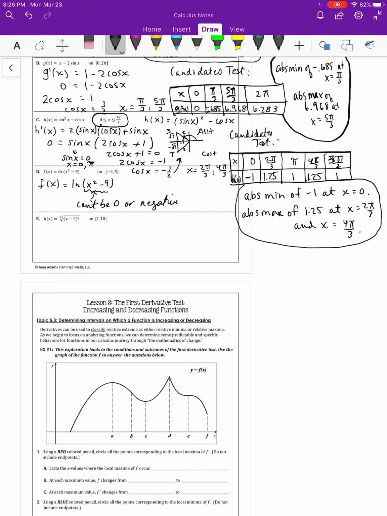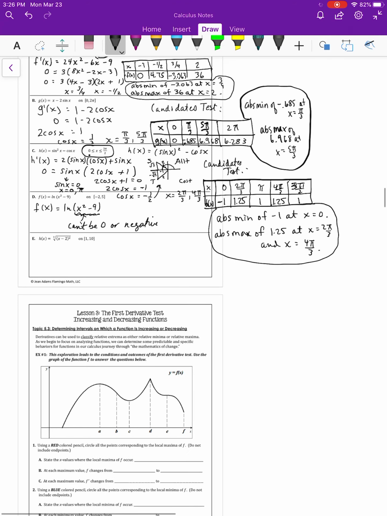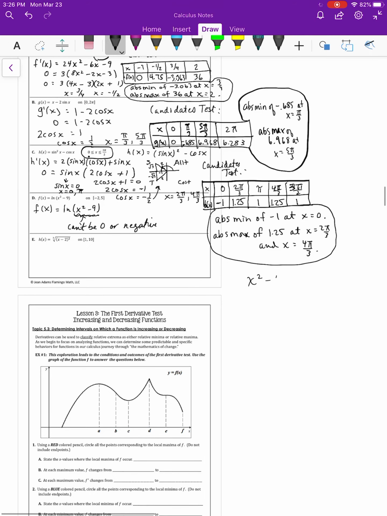So, if x were 1, it'd be negative, so x can't be 1. If x were 2, that argument would be negative, and that can't be. So the argument, this whole thing, can't be 0, and it can't be negative.